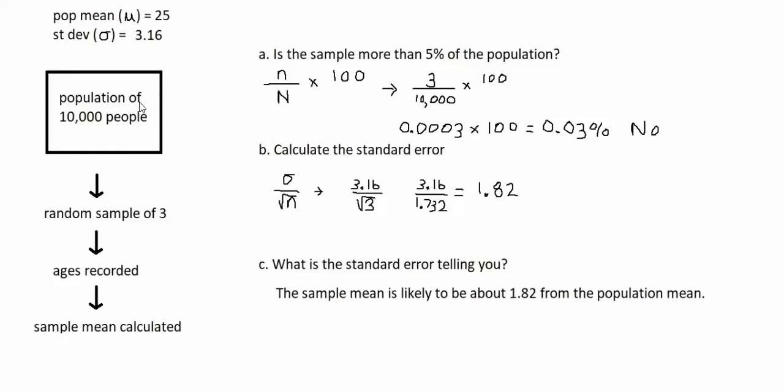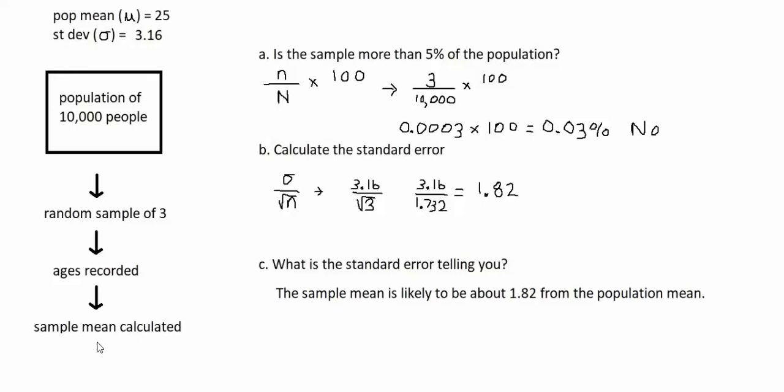So that means we're going to be using the formula for standard error of a sample mean when the sample is not more than 5% of the population. Remember, the two things we have to pay attention to are what statistic is being calculated at the left end of the page, and also if the sample is more than 5% of the population.